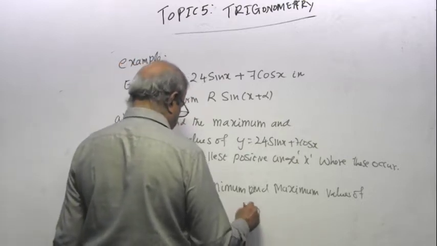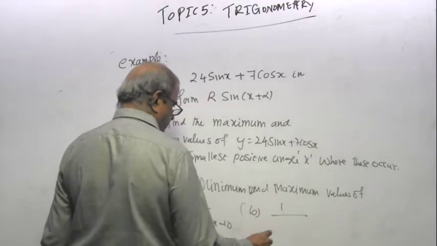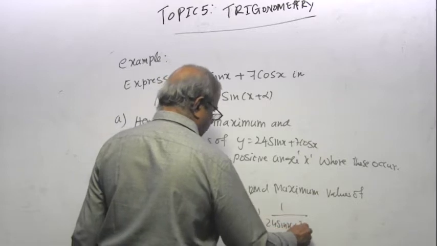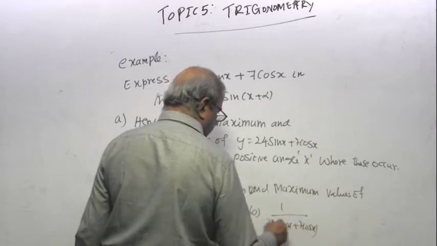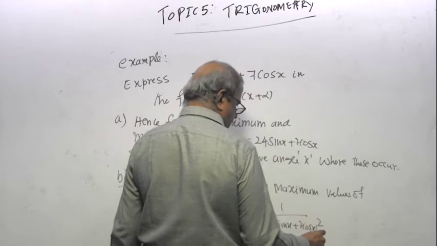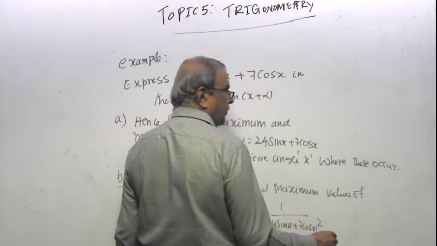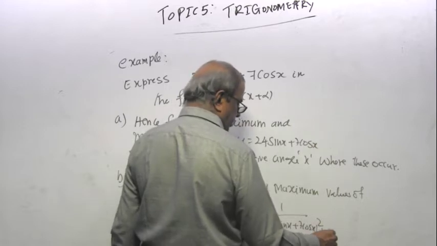Part C: 1 over (24 sin x plus 7 cos x) squared, plus 2.